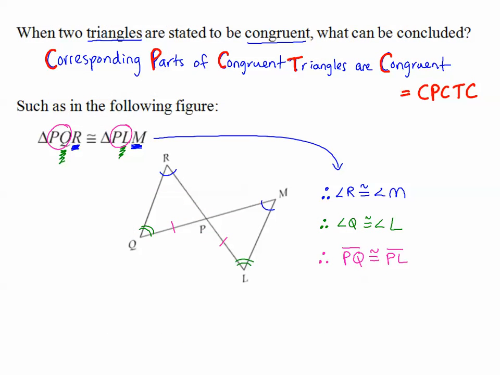Make yourself a note of that. We always use corresponding parts of congruent triangles are congruent after a congruent triangle theorem or postulate. And put some more stars and highlight that. Awesome. Take a few minutes to write a summary.